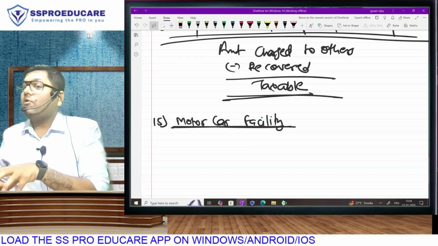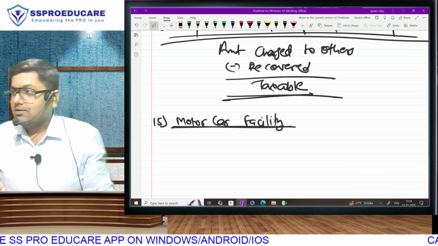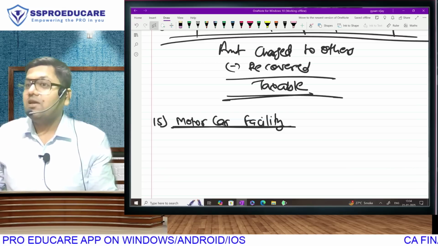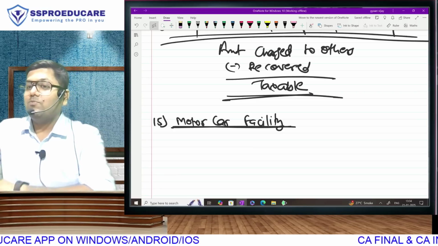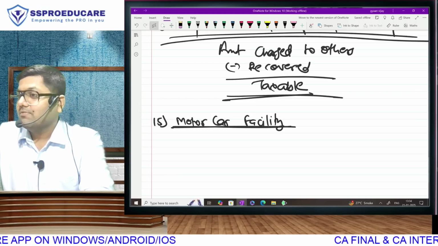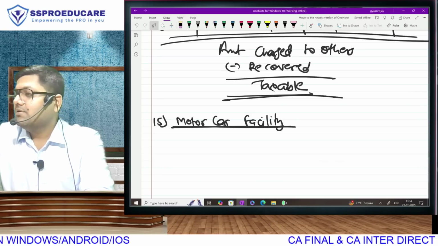And the employer wants that the car and the employee both reach office. So if you give her the car, neither she will come to office nor the car will come to office. So you will have to also give a driver.